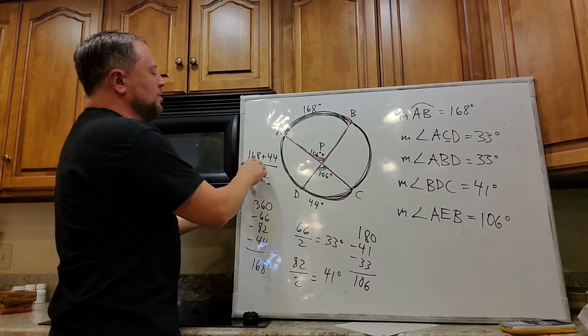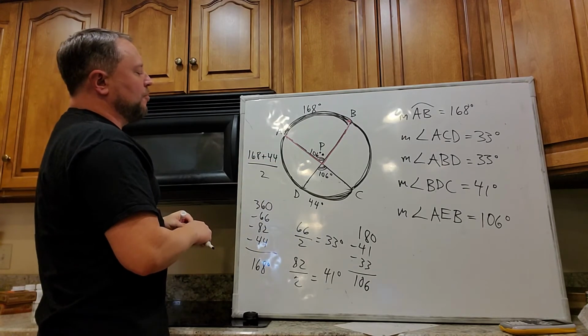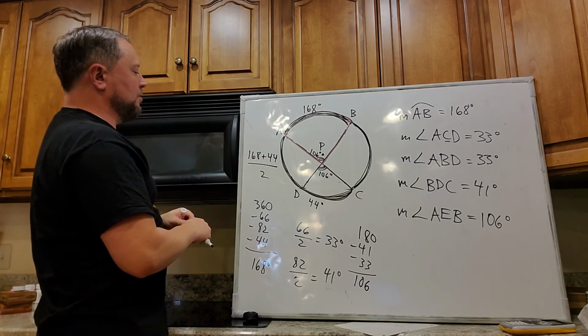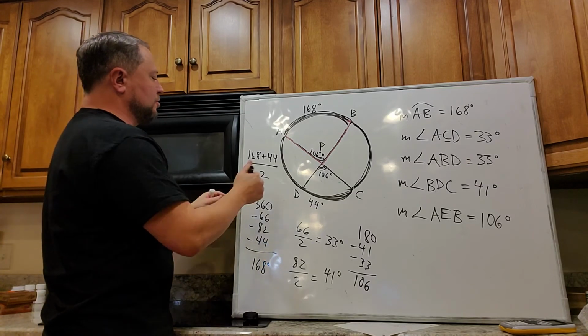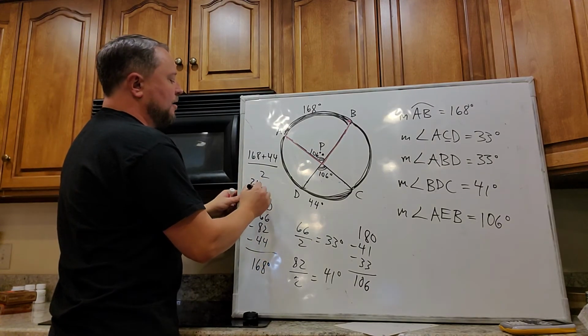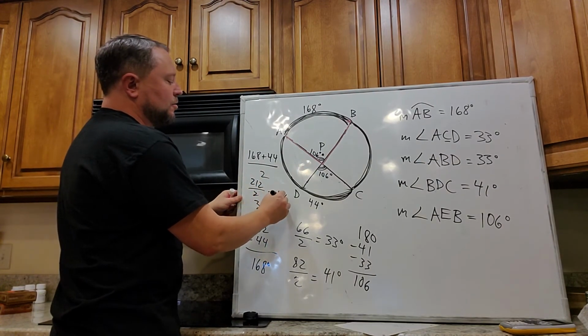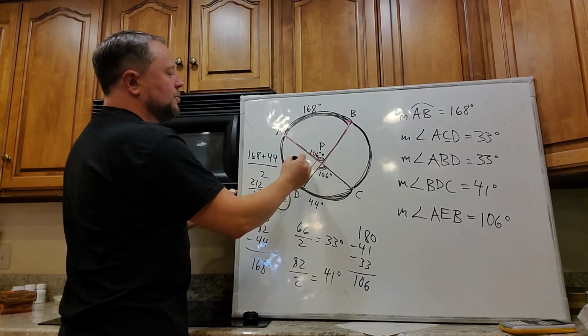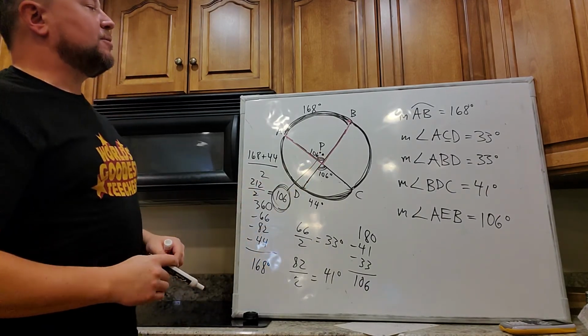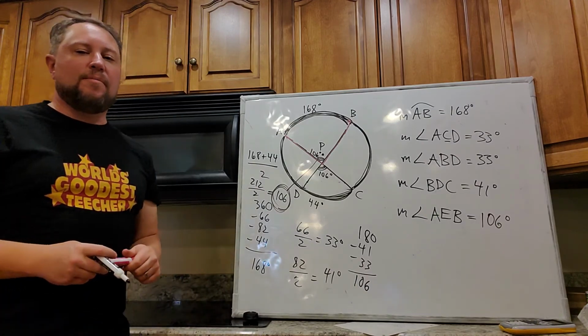I mean, look, 168 plus another 44 is what? 212. And half of 212 is 106. So that's a little shortcut that you could do.